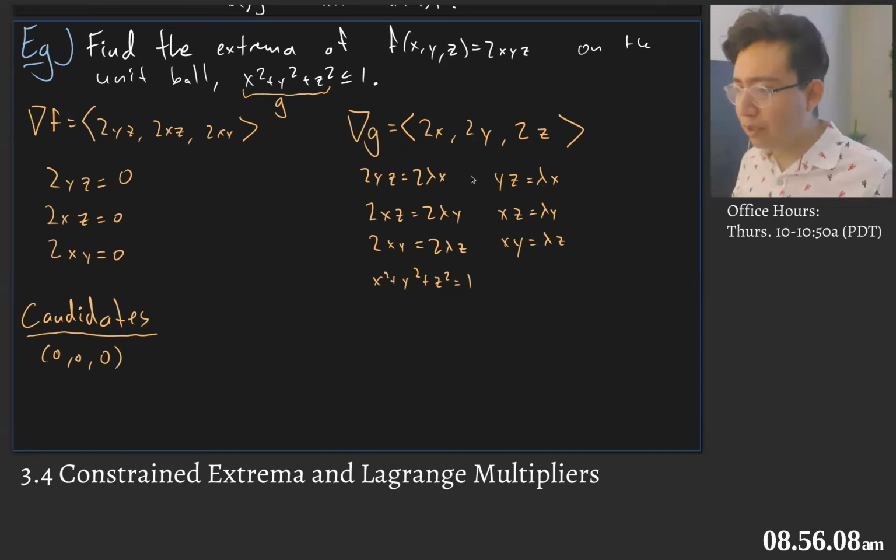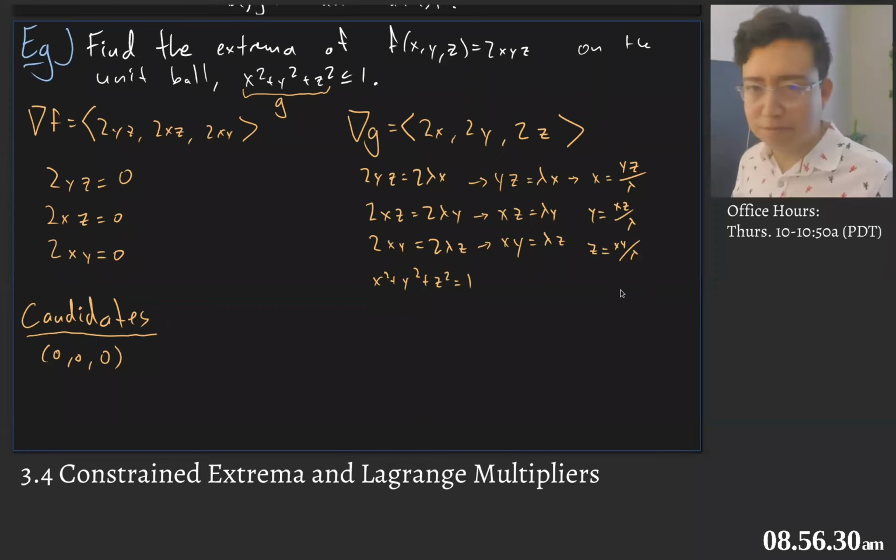So again, these three are turning into this by dividing by 2. Now divide by lambda. I could have divided by 2 lambda all in one swoop, but I get x is equal to yz over lambda, y is equal to xz over lambda, and z is equal to xy over lambda. Okay. So let's see what I want to do next.